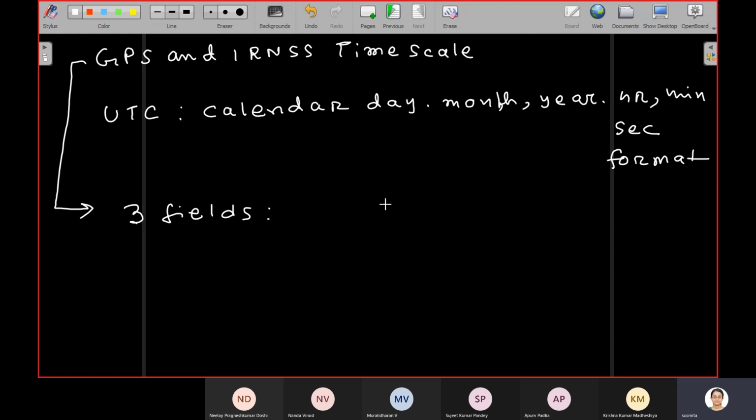What are these 3 fields? Time of week, week number, which we call WN, and then week number rollover.